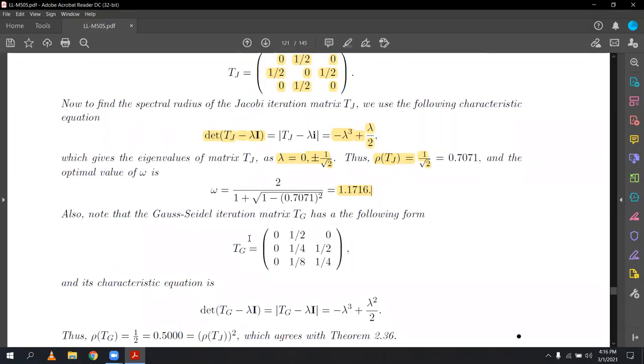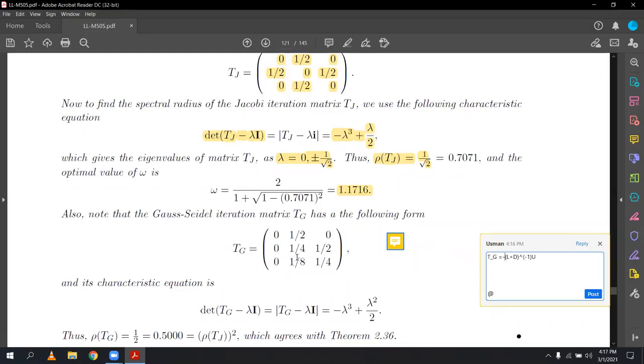Here I calculate to find Tg, and you know what the formula of Tg is. If you remember, it is, I think, (L plus D) inverse times U, and this should be multiplied with a minus. This is the formula. But you don't need to do this long work.